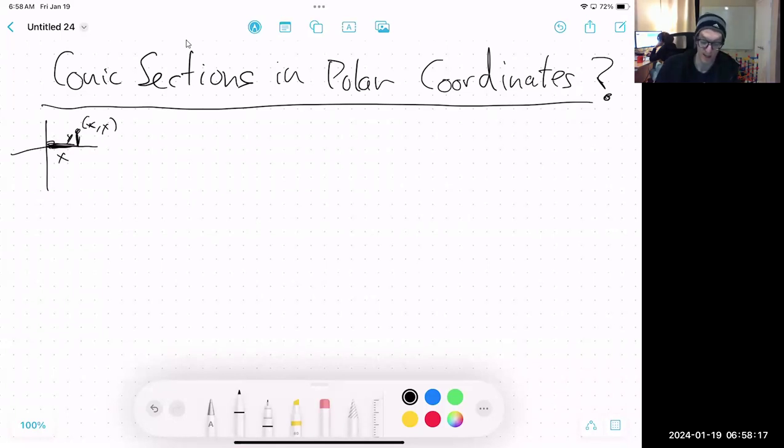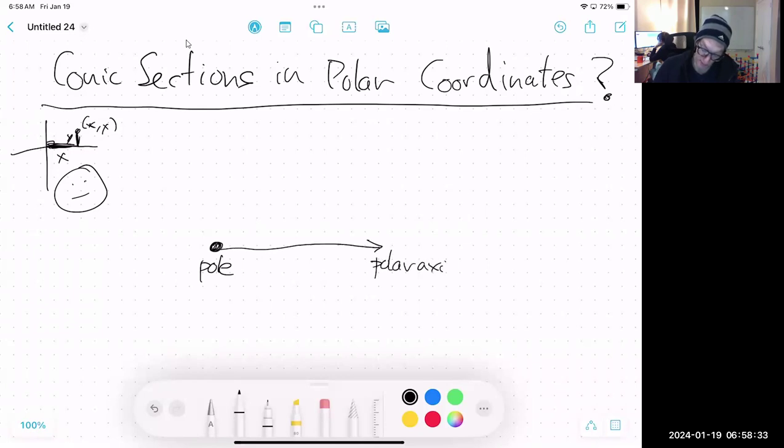Okay, that's fine, but in the polar coordinate system, instead, we have a thing called a pole, which is kind of playing the role of the origin. And then we have the polar axis. Now points in the plane are measured not by where they are relative to a pair of perpendicular axes, but by how far they are from the pole and how far they are from the polar axis.